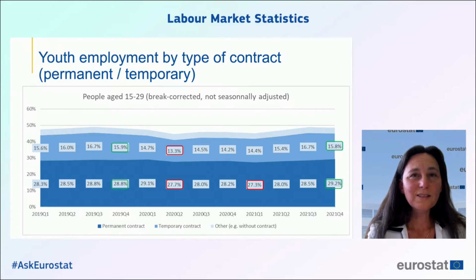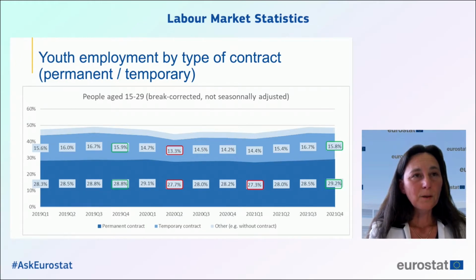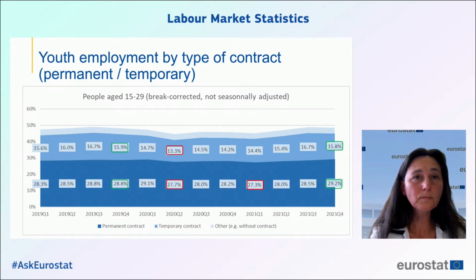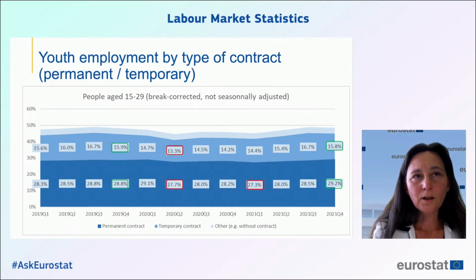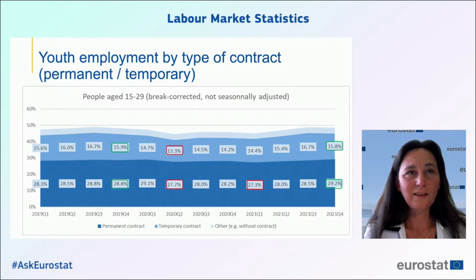And then we can see now in Q4 2021 that they hopefully have reached the pre-COVID level. And for the young people with a permanent contract, we also have a drop in Q2 2020, but with a second drop in Q1 2021. And now again, we can see that they have reached the pre-COVID level.